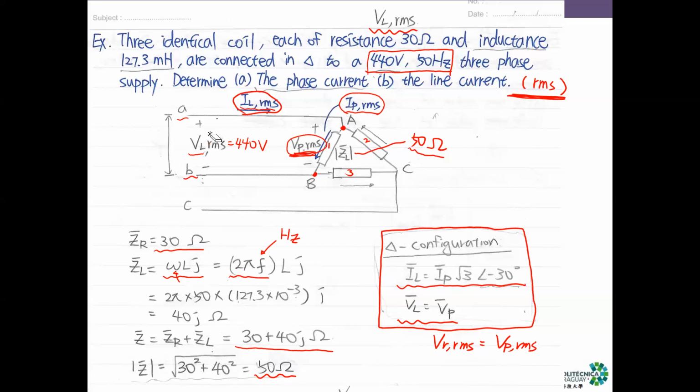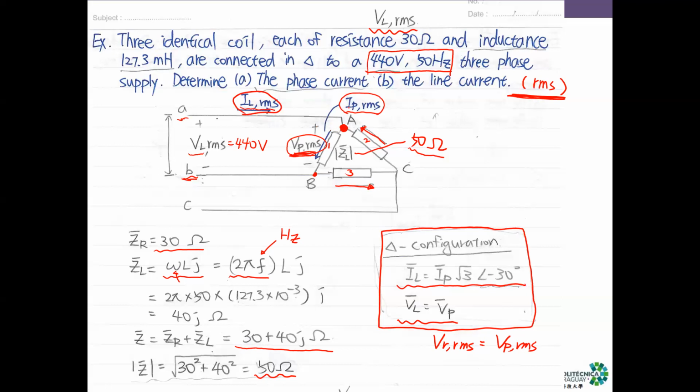It can be easily determined because small a connects to capital A, small b connects to capital B. So we know the voltage between small a and small b equals the voltage between capital A and capital B. And for the line current and phase current, because last week we applied KCL at node A, there's also a current flowing in this direction, and also a current flowing into this direction. So their currents are not identical. IL and IP are not identical.